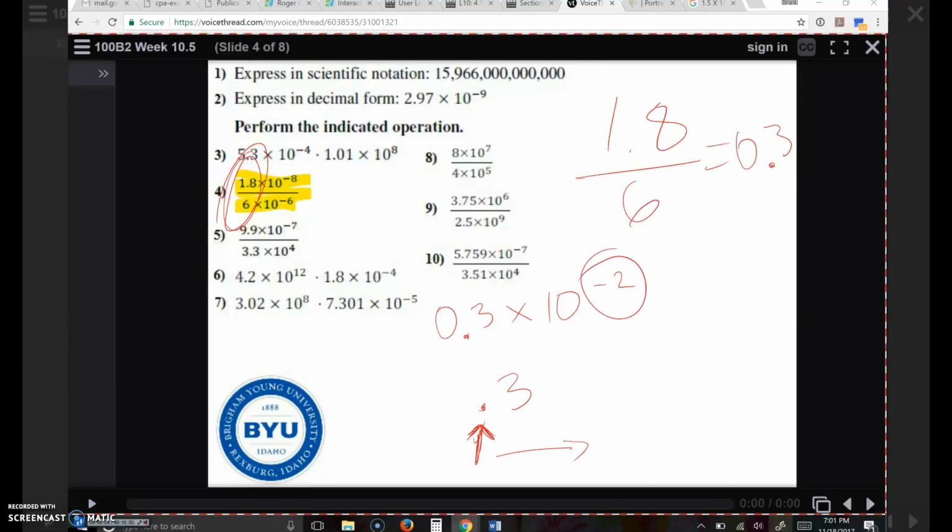So when we have a negative exponent like that, we're going to move it to the left. We're going to move it 2 places. 1, 2. Okay. So now we have 0.003. Well, we started out with 0.3. So it just makes it a little bit neater looking.